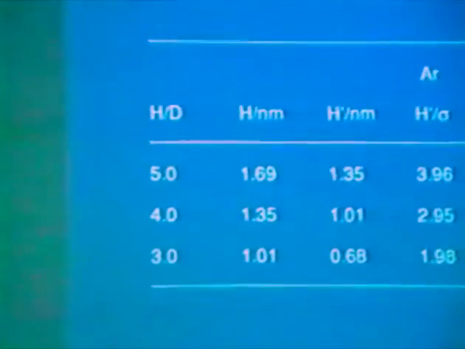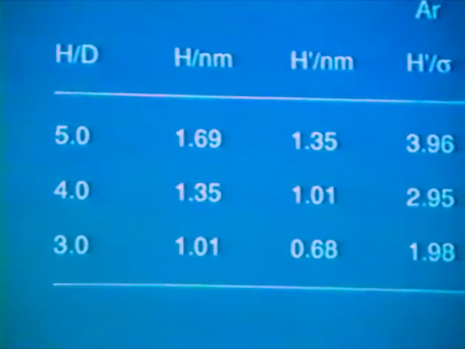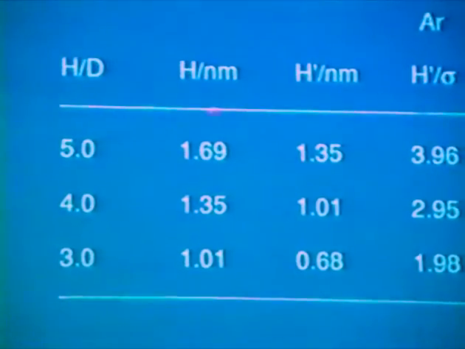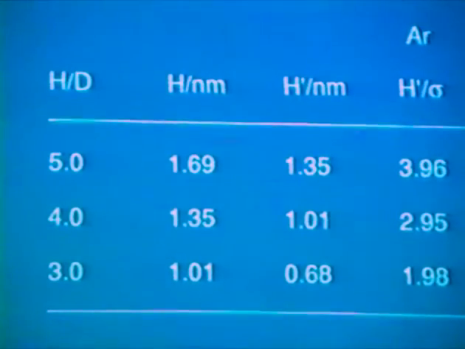One thing that comes out of this work is the considerable sensitivity there is to very small changes in these potential functions. These are the three pore sizes which I've looked at, 5, 4 and 3.